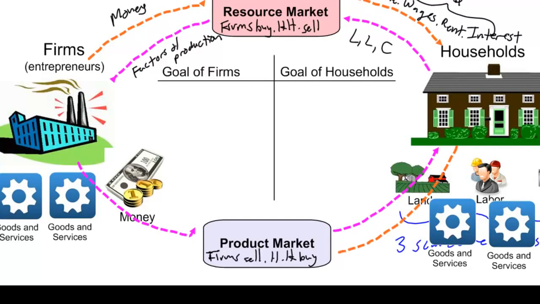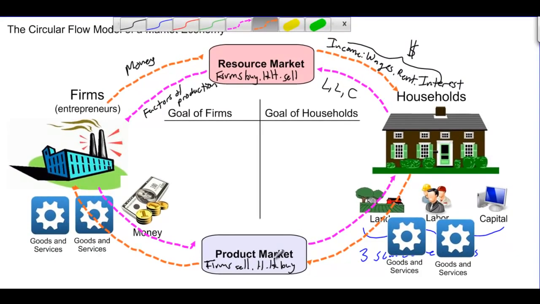We will see money flow from households to firms in the product market. So it's a little bit difficult to see here, but what we should notice is that there are arrows indicating the flow of money, land, labor, capital, and goods and services in our circular flow model. Notice that in this case, money is always flowing counterclockwise, and resources, goods, and services are always flowing clockwise.